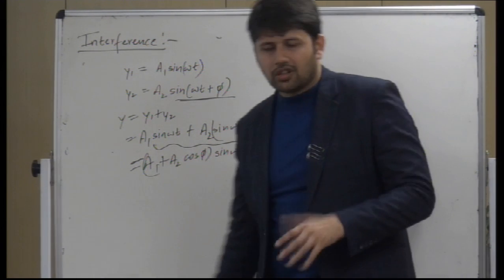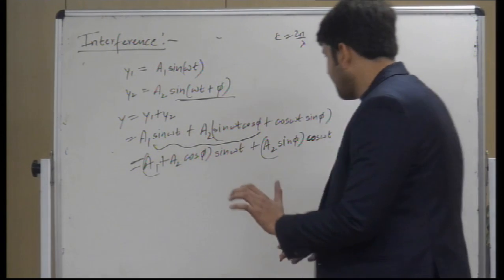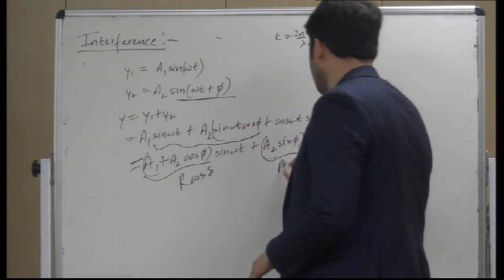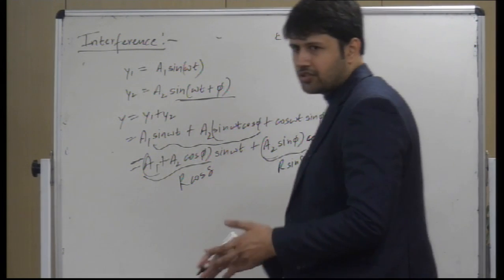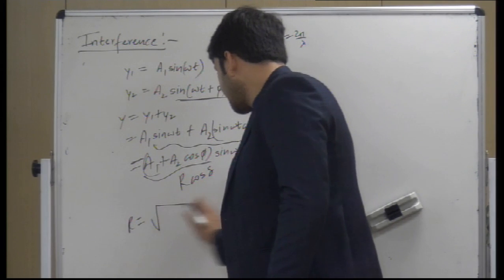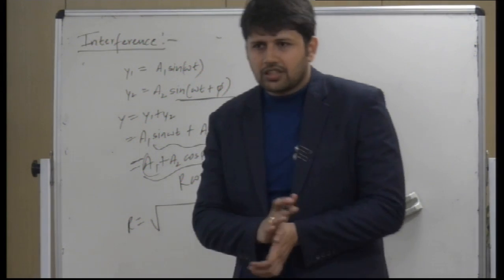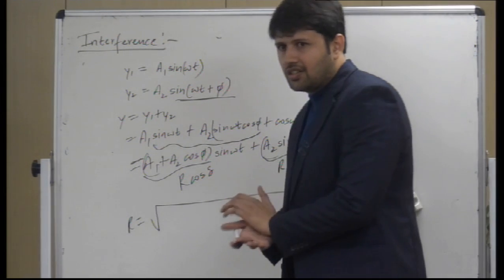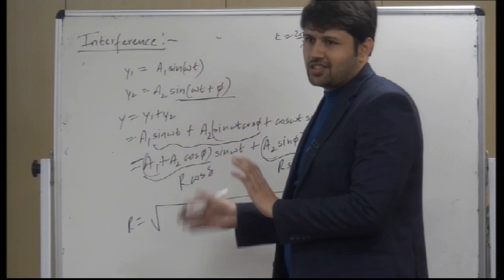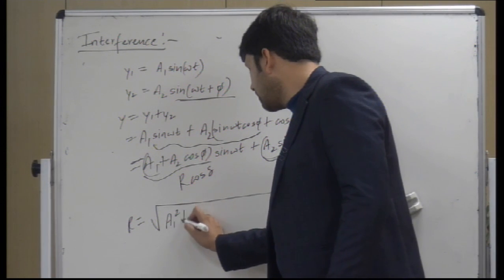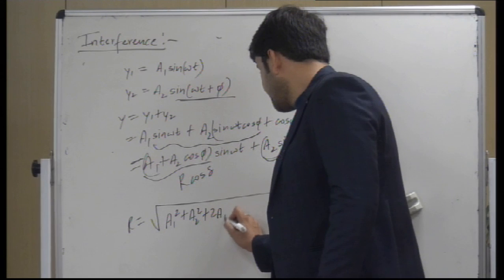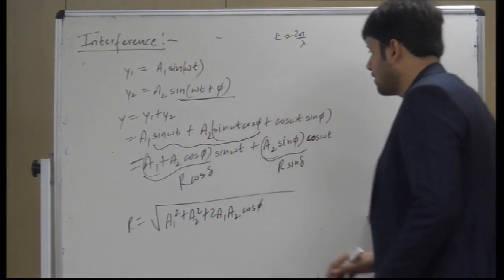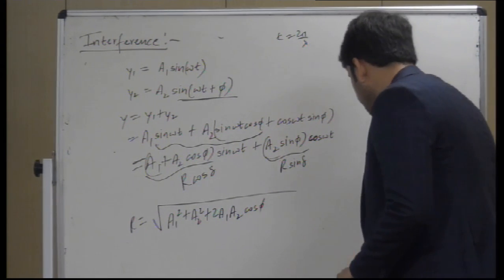Taking this as r cos delta and this as r sin delta, you can calculate the whole of this. I'll just write the resultant directly. You already know this; pre-boards are going on, so you must have studied it. So this is a1 square plus a2 square plus 2a1 a2 cos phi. This is the resultant amplitude.